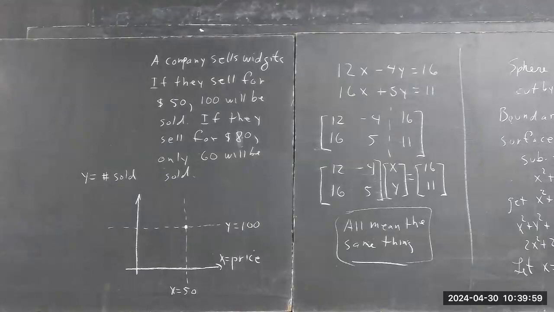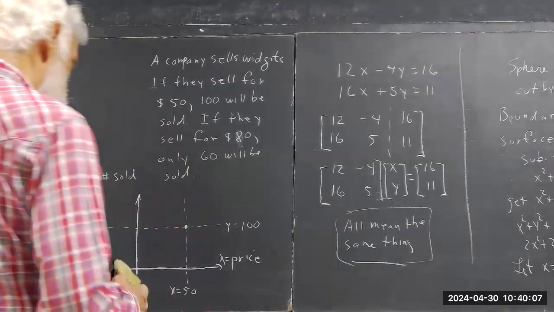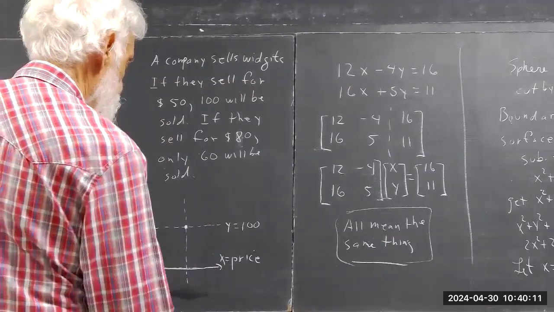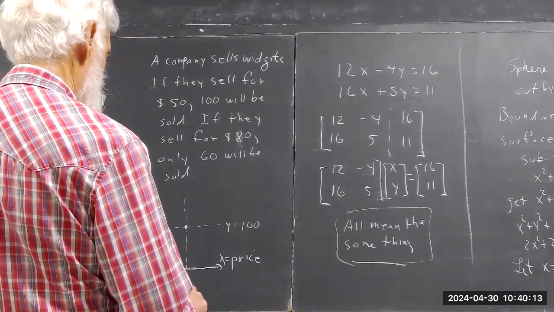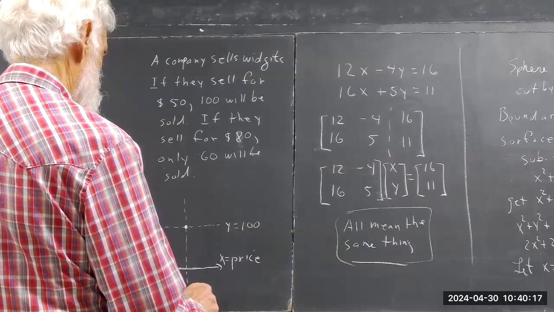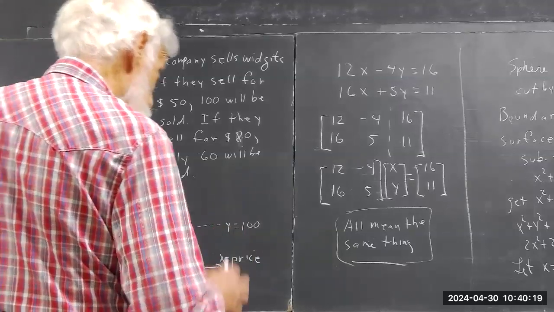Okay. Now, actually, I think I'm going to let this be x equals 80. Just because of the way you're probably copying it down.